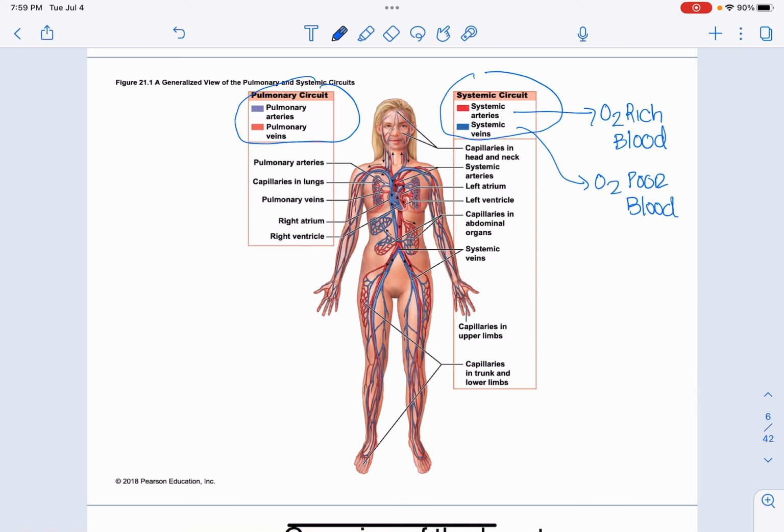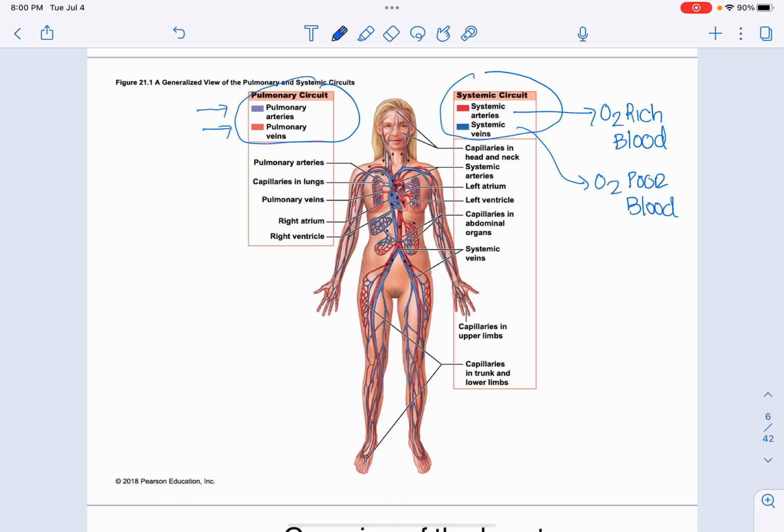So we'll try and keep talking about this topic so that you get comfortable with it. But when we're talking about the pulmonary circuit, so again, part of the heart is sending blood to the lungs. So what you're going to see is that the pulmonary artery that is sending blood from the heart to the lungs is going to be pictured in blue, okay, not red. And the pulmonary vein, which is bringing blood back from the lungs to the heart, are going to be pictured in red.